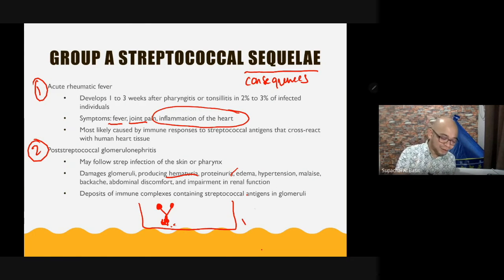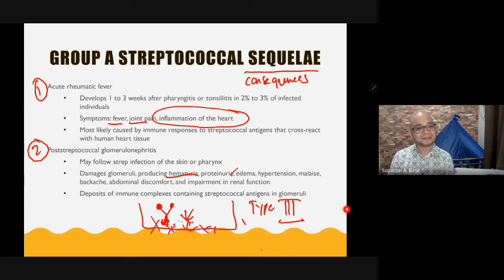So if you do recall our discussion on hypersensitivity reaction, this particular scenario represents the type 3 hypersensitivity reaction. So the deposition of immune complex will attract neutrophils, and neutrophils will attack the immune complex, thereby damaging the kidneys itself. Okay? So these are the consequences of having group A streptococcal infections.